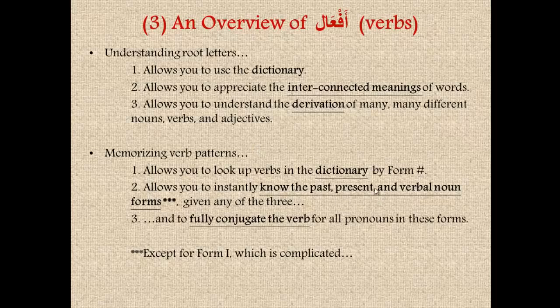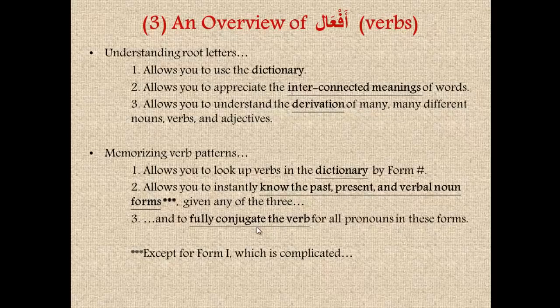When I gave you the present tense, yusallimu, knowing the verb form, the verb pattern, you identified the verb as a form 2 verb, and you instantly derived the past and the verbal noun forms. And you can also fully conjugate the verb for all pronouns in these forms. That's the power of the verb form, the wazn in Arabic.